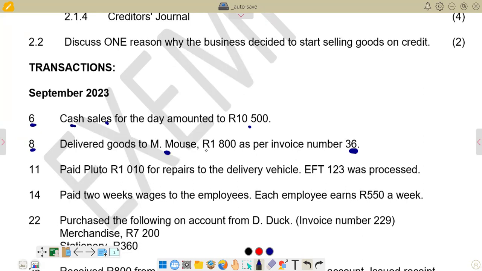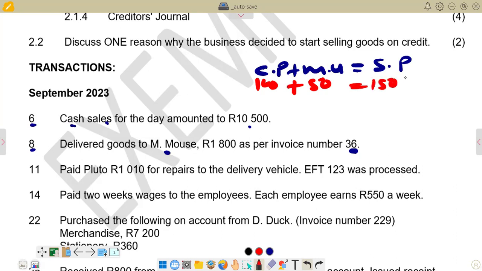And remember, this is our selling price, which means we also have to calculate our cost price by saying cost price plus markup equals selling price, whereby we said our cost price is always 100, then our markup is 50. Add the two, and we put 150. So basically we are given 1,800 as our selling price.